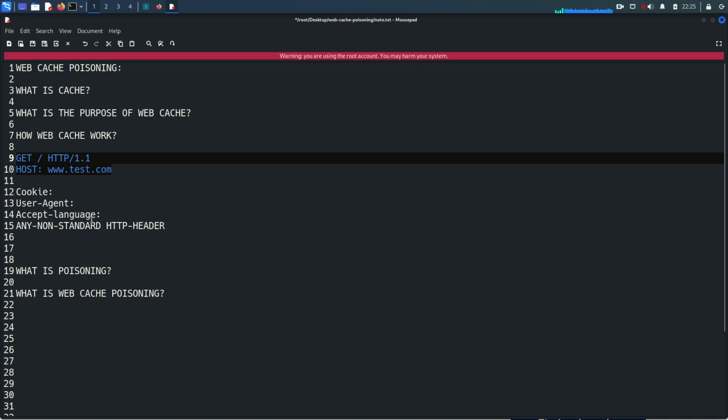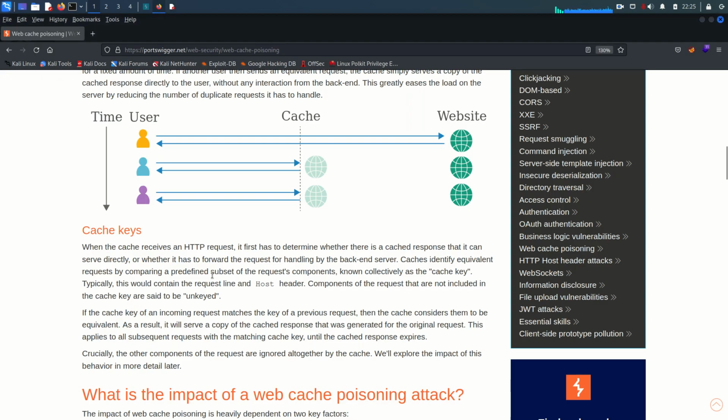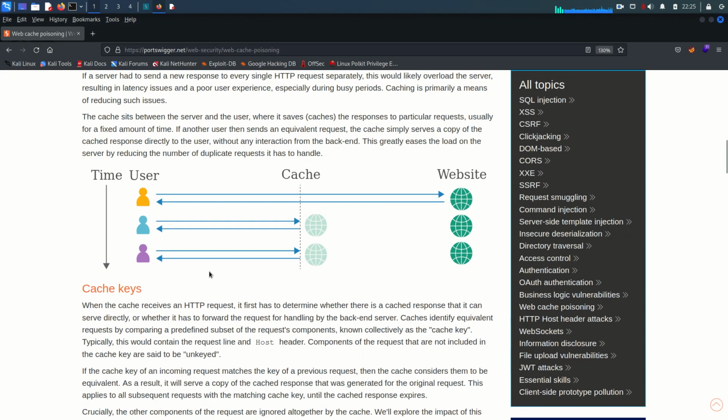I will come to that point a bit later, but my purpose was to make you understand what keyed cache and unkeyed cache are, because these 2 terms are very, very important to understand in terms of web cache poisoning. So now we know what keyed cache and unkeyed cache are.